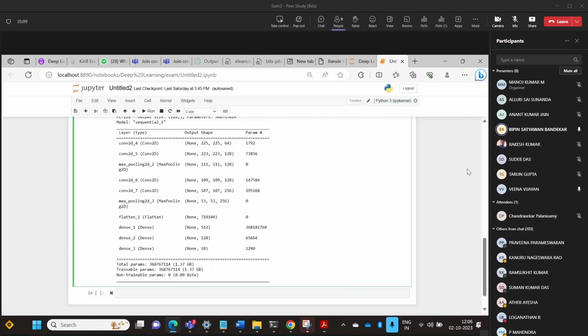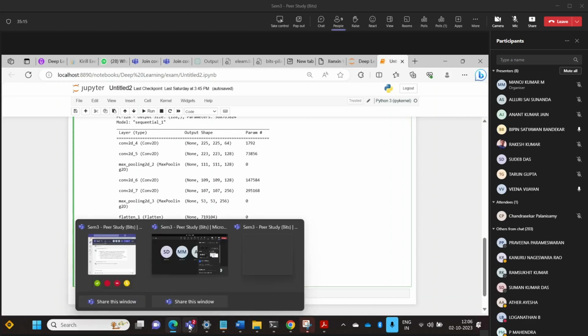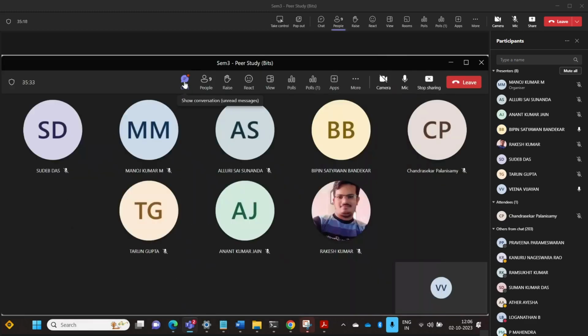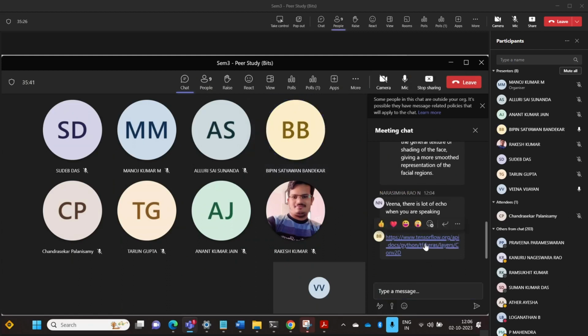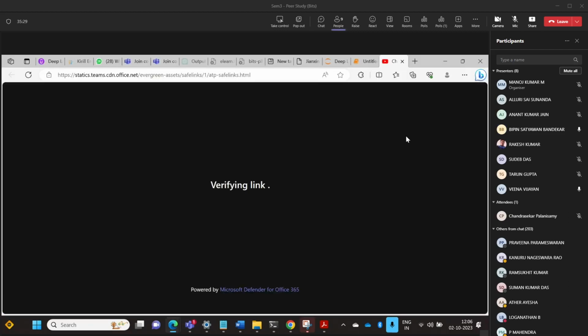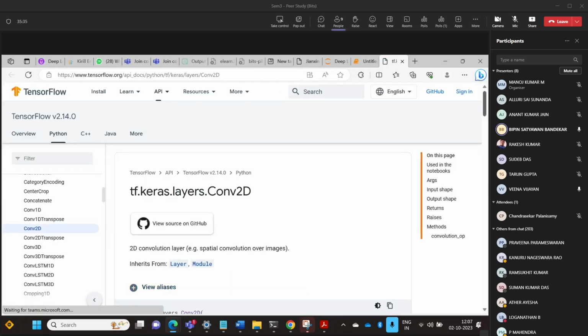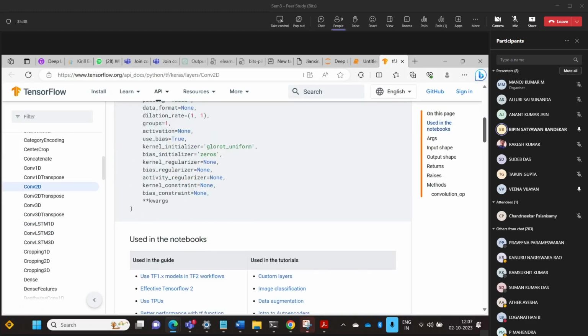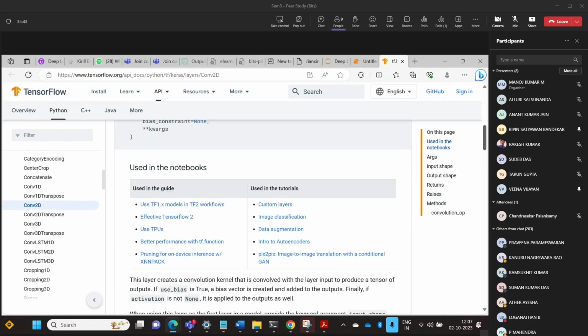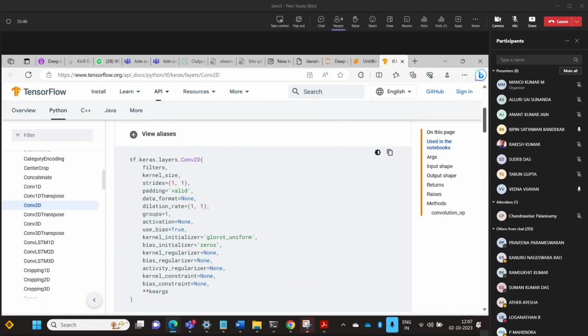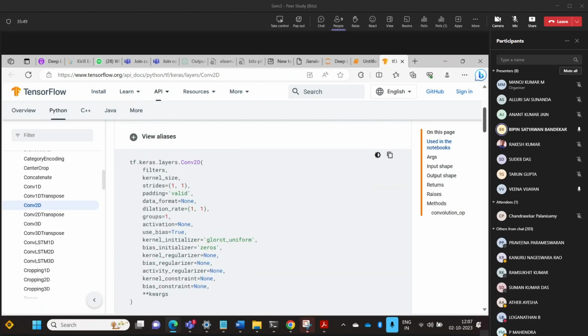I'm pasting one link, you just open that. Okay, go down. So on the API, padding is valid by default.